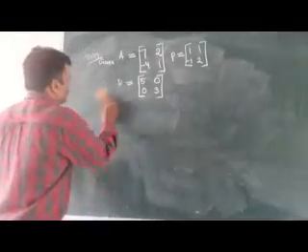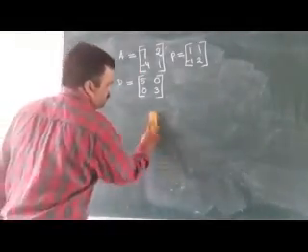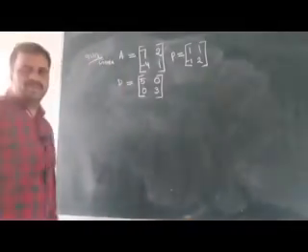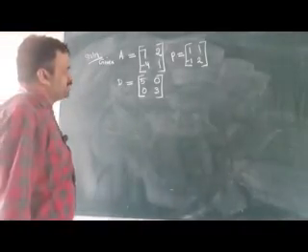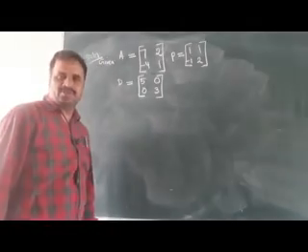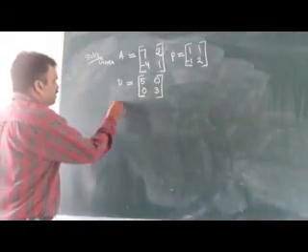So given A equal to [7 2; -4 1], P equal to [1 1; -1 2], D equal to [5 0; 0 3].